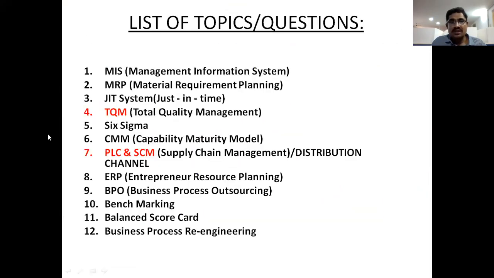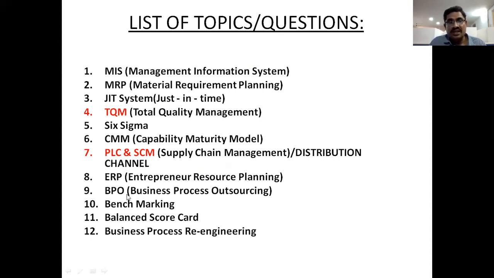Up to now we discussed MIS, MRP, JIT system, TQM, Six Sigma, CMM, SCM, ERP, BPO, benchmarking, balance scorecard, and business process reengineering. These are the 12 topics I told you. Once again, I want to repeat: these are the 12 methods the companies are using at present.